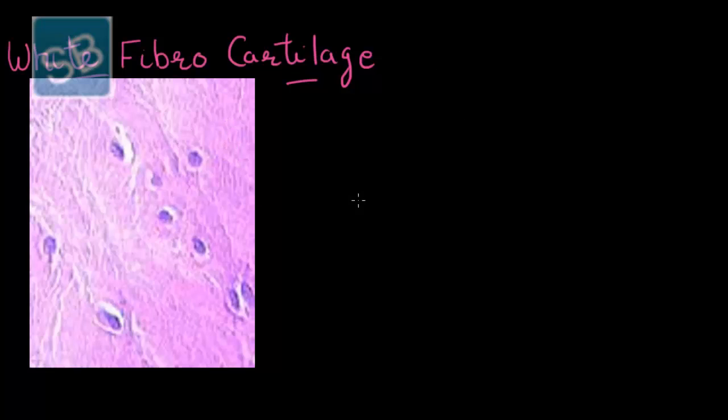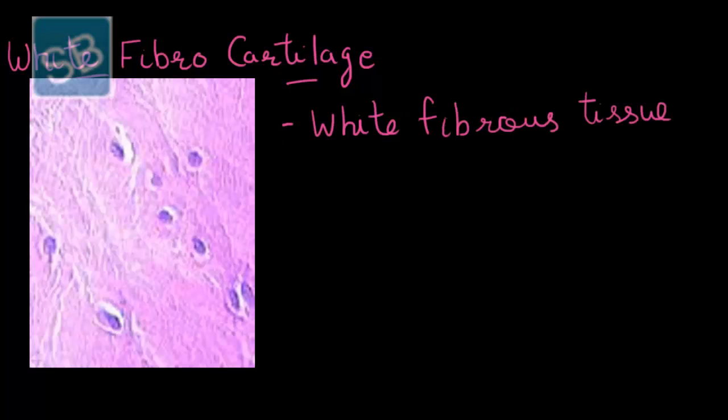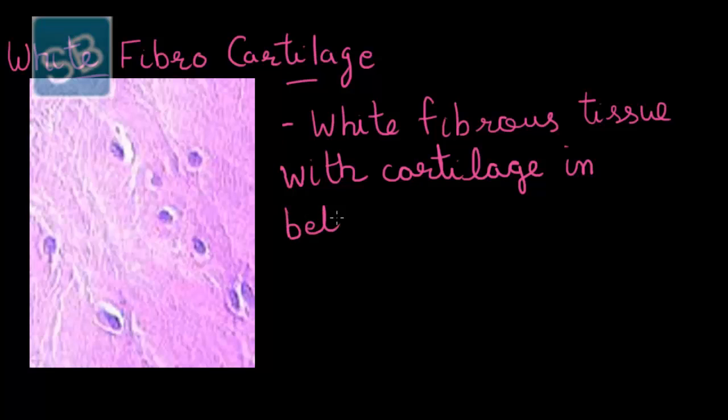This type of tissue is almost similar to the white fibrous tissue present in proper connective tissue, except that it is present with cartilage in between the muscles, providing a skeletal framework.